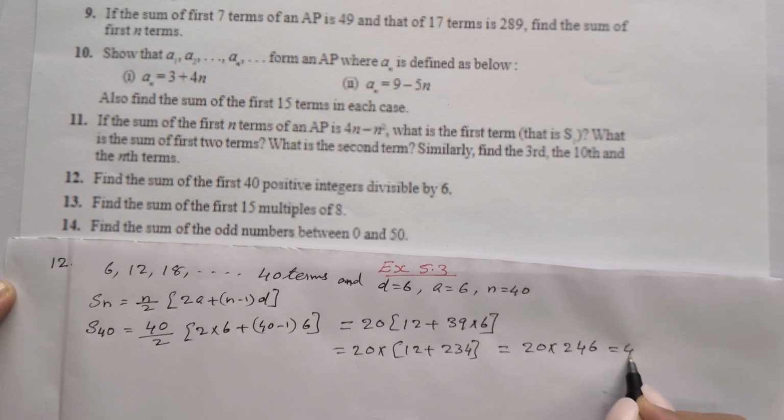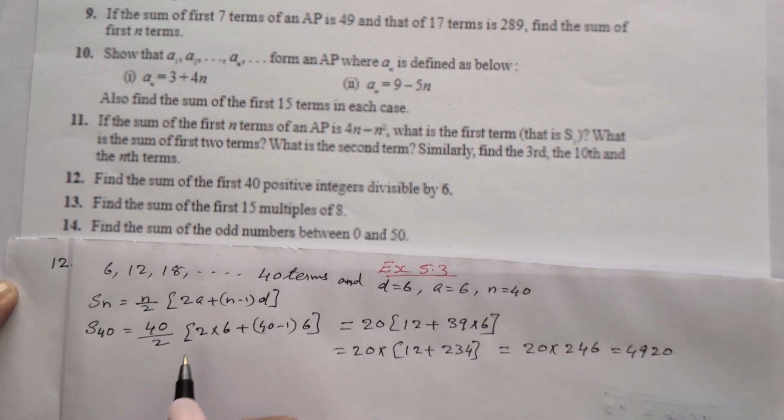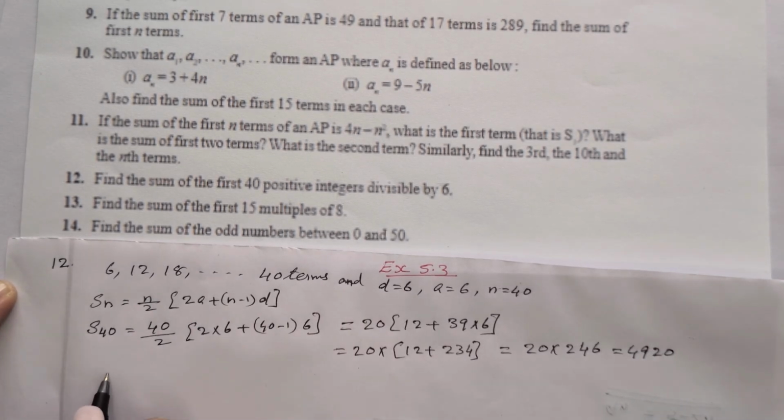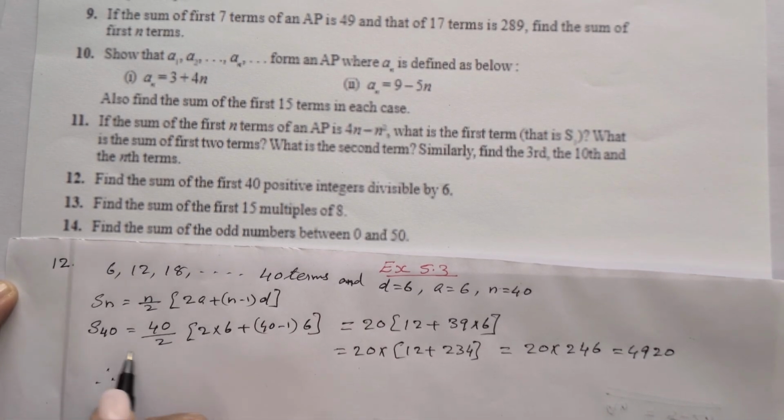That is equal to 4920. So we can write the sum of first 40 positive integers divisible by 6, or S40, is 4920.